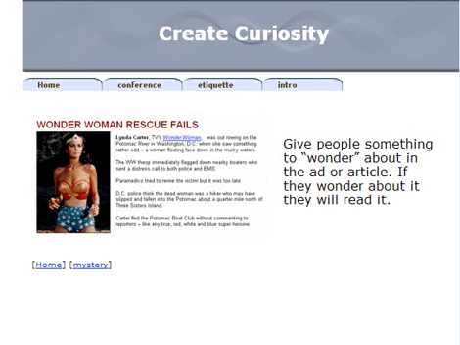And this one was a newspaper thing. I think it came out of CNN. Wonder Woman rescue fails. And they used the old Wonder Woman picture.